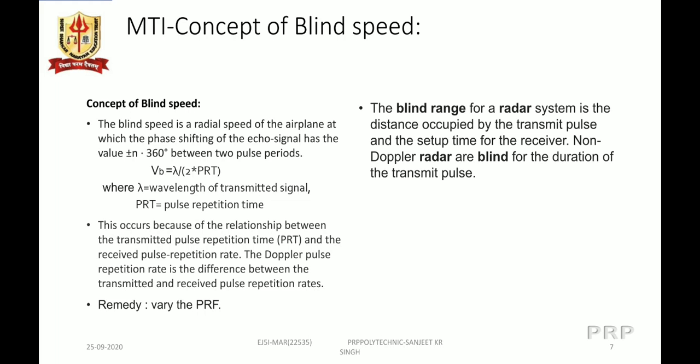That can also be written as, if the target is moving a half wavelength between successive pulses, the change in the phase shift will be precisely 2 pi radian, and we may state that the blind speed Vb will be equal to PRF times n lambda by 2, where Vb again is the blind speed, lambda is the wavelength of the transmitted signal and n is any integer.